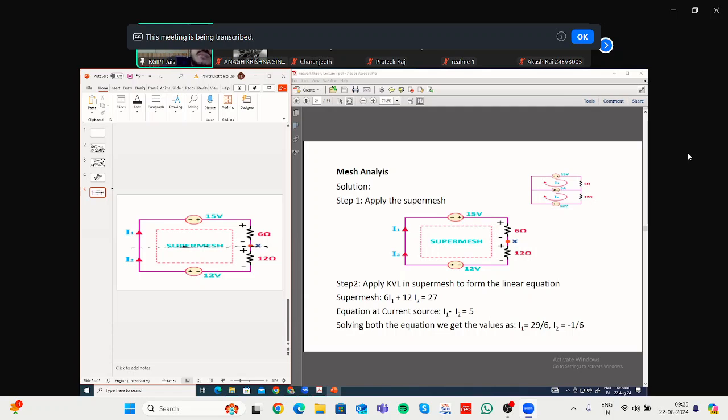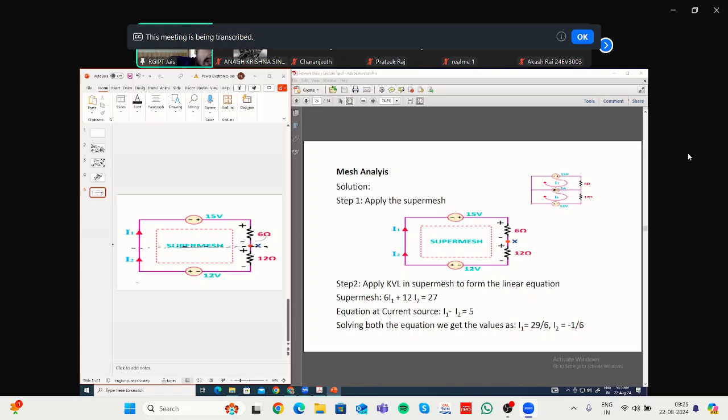So all the elements above this imaginary line belong to mesh 1, and all the elements below this imaginary line belong to mesh 2.